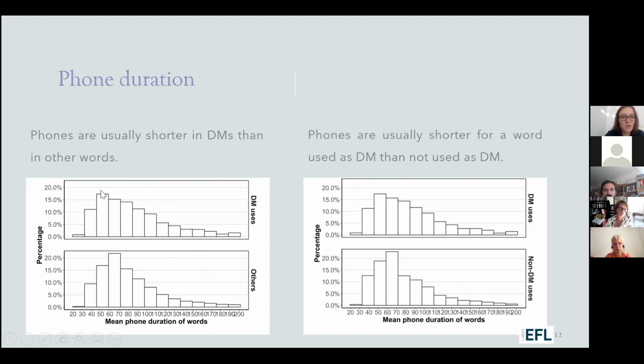Here you can see on the first graph that discourse markers are usually shorter than other words in the language. And on the other hand, you can see that phones are usually shorter for a word when it is used as a discourse marker than when it is used as something else, a conjunction, an adverb, etc.